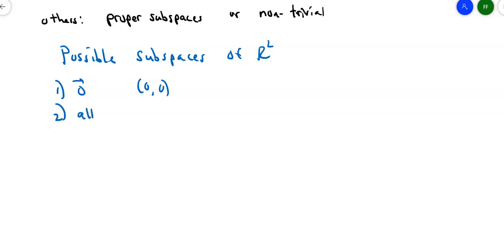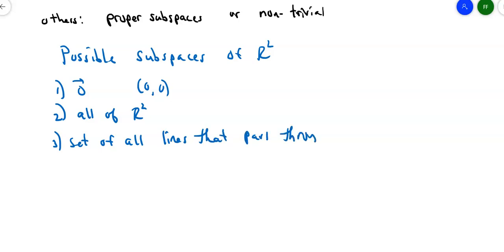Another one is all of R2. I'm kind of being cheap and putting the two trivial ones as their own lists. The third one is the set of all lines that go through the origin, because I need the zero vector in there somewhere. So possible subspaces of R2 include all the lines that pass through the origin.